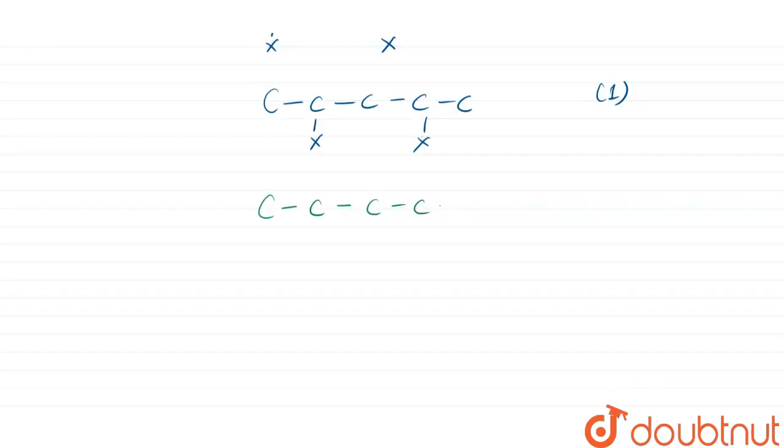So with first, second, third, fourth and fifth, if I draw the structure here with one halogen at 1 and the other at 4, the halogen atoms are at first and fourth position, and if I start from the other side and put this halogen here and this halogen here, the numbering will start from here, so it will be at first and fourth position only.